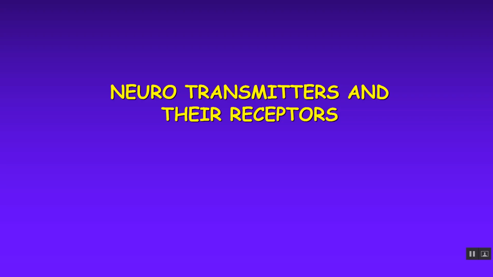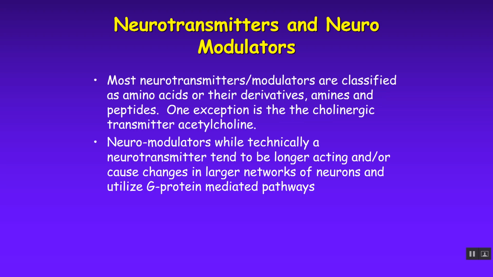Neurotransmitters and the receptors. So now we've talked about the receptors themselves, ligand-gated, G protein mediated receptors. Now we're focusing on the neurotransmitters themselves, and then the specific receptors to those specific neurotransmitters. So most neurotransmitters and modulators, okay, we're going to lump them together here for a moment, are classified as either an amino acid or a derivative, an amine or a peptide.